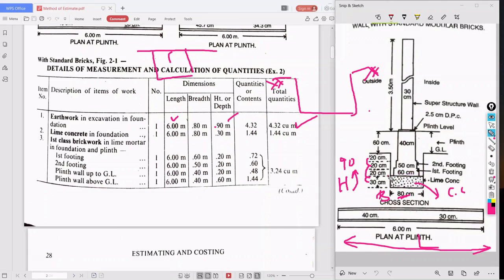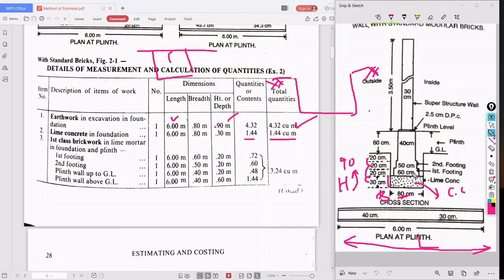See here, this much is the lime concrete. So 6, breadth 0.8, height 0.3. Multiplying all three, we get 1.44. So the lime concrete in foundation is 1.44 meter cube.